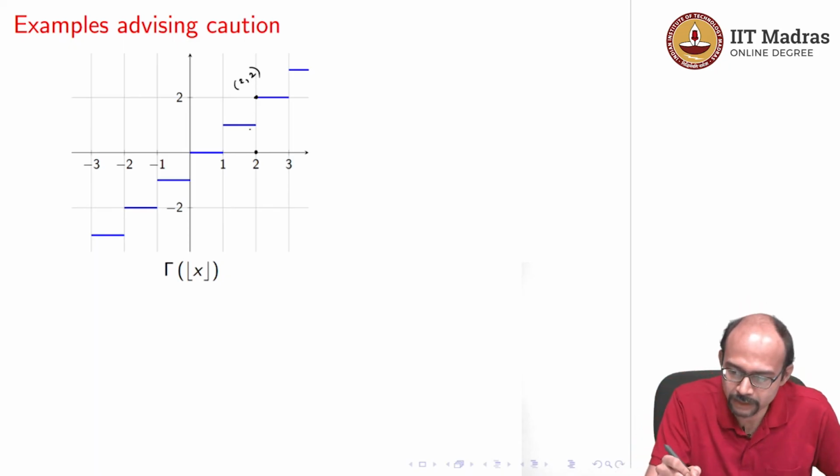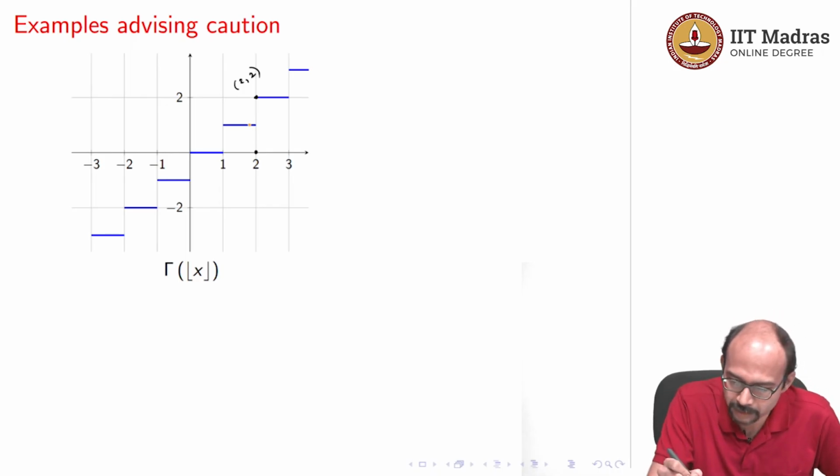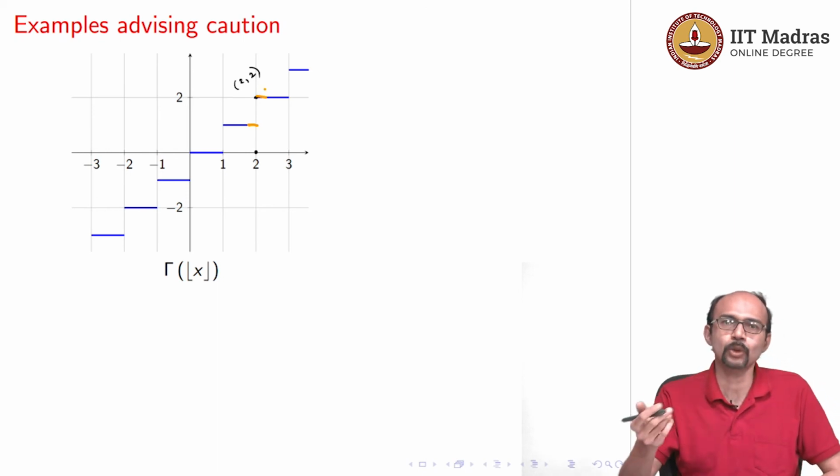So when you are approaching 2 from below, it's like you are on this blue line which is here. So over here it will be something like this, and over here it will be something like this, right? So there is no line which really captures what's happening at that particular point.